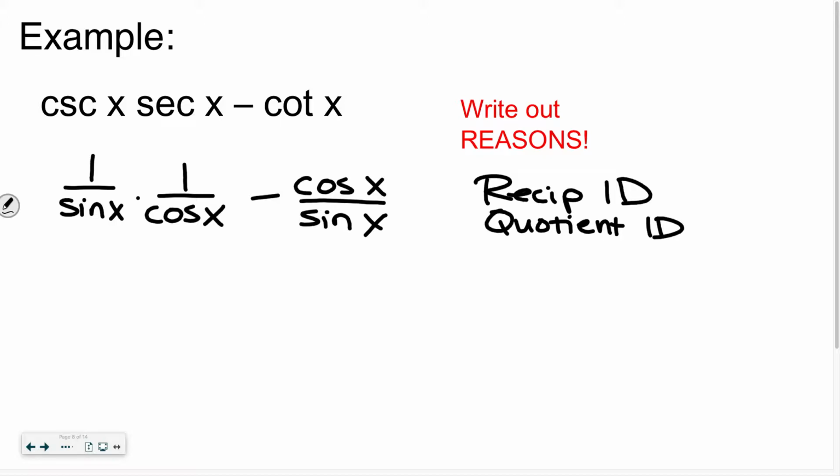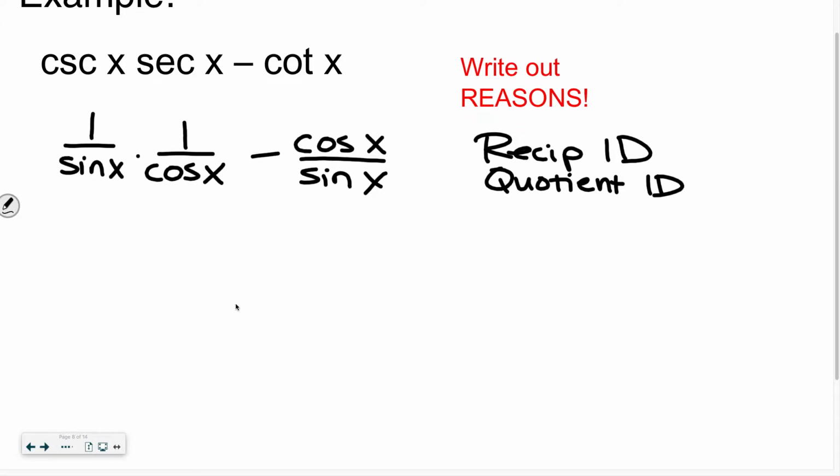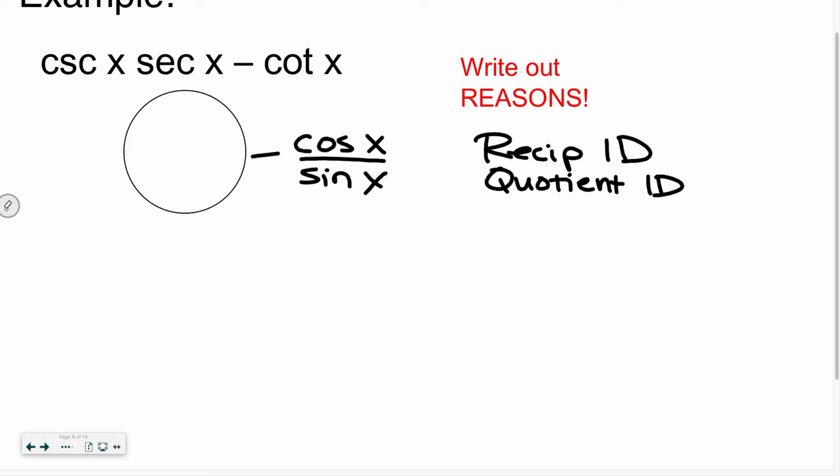So we're really just making substitutions at that point. Now, if you're okay with this 1 over sine x times 1 over cosine x, I'm just going to simplify that real fast. That's just really 1 over sine x cosine x, right?